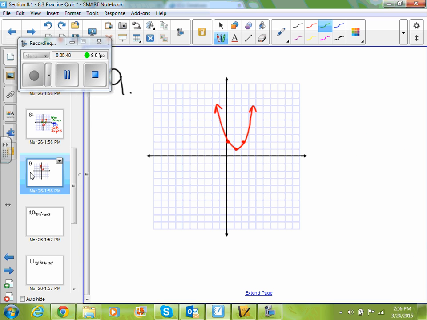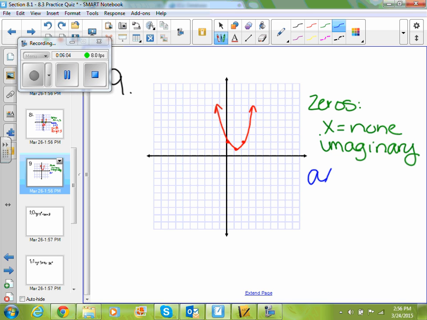Okay, number 9. First thing we have to find are my zeros. What are my zeros for this graph? Okay, there's none, which makes it imaginary. Perfect. What line splits my graph in half? 1, okay.